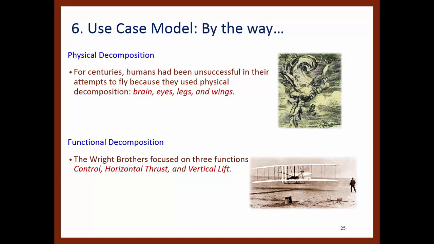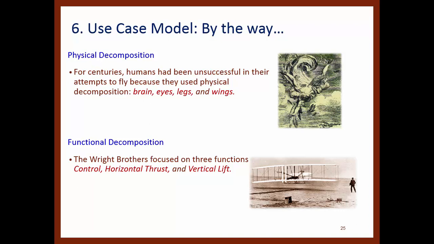The reason was that the designs they were trying to come up with were focused on physical decomposition, meaning they were trying to replicate, like, the birds have wings, so maybe for us to fly we need to develop some type of wings and use those wings to try to fly. That's what we call physical decomposition.